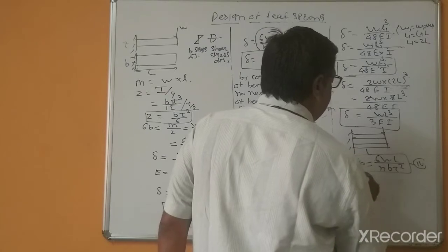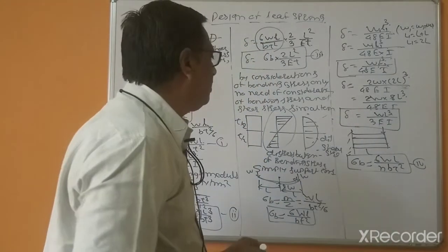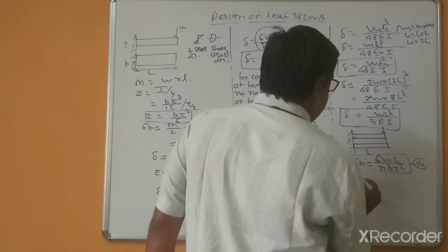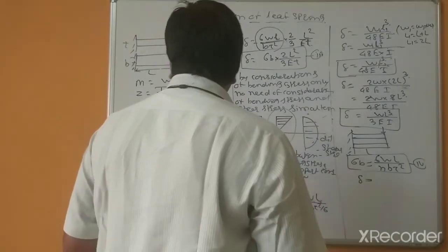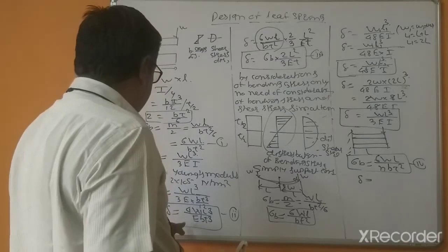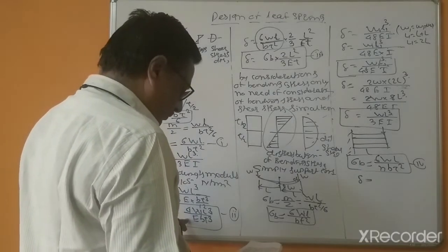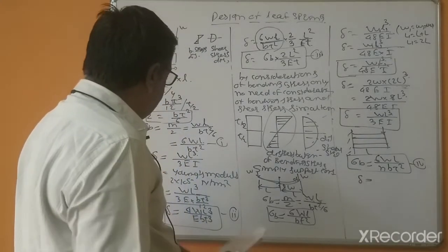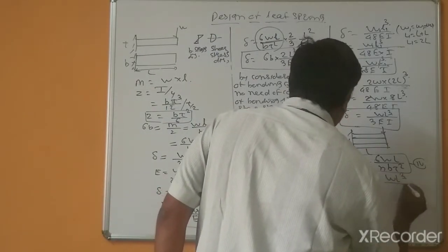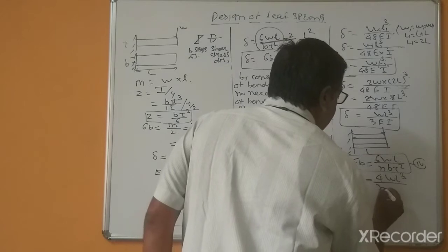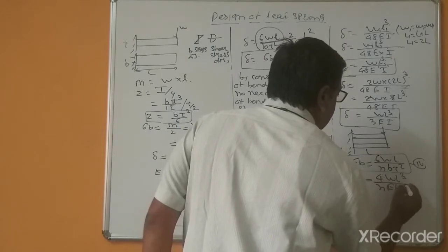So by considering the total number of leaves, the deflection equation equals, by considering the second equation, 4 into WL cube divided by N E B T cube.